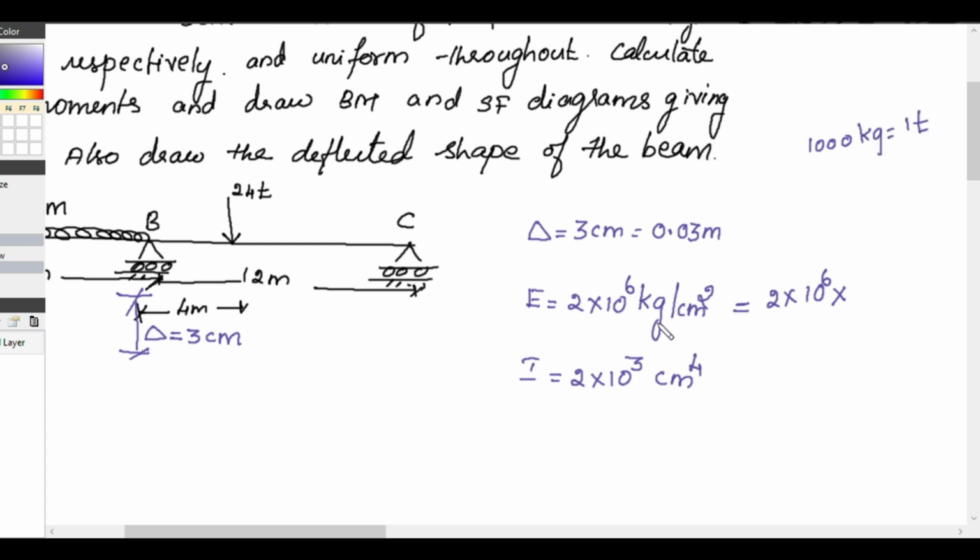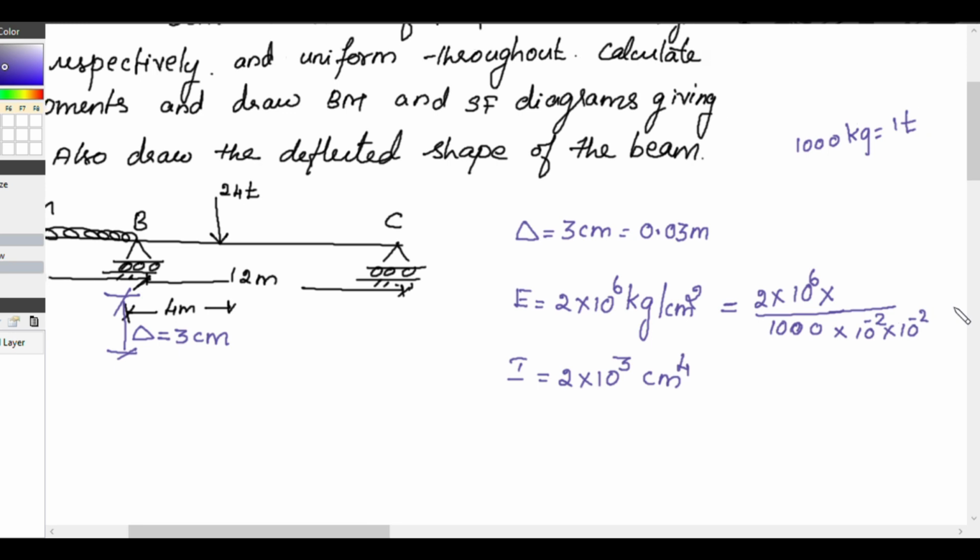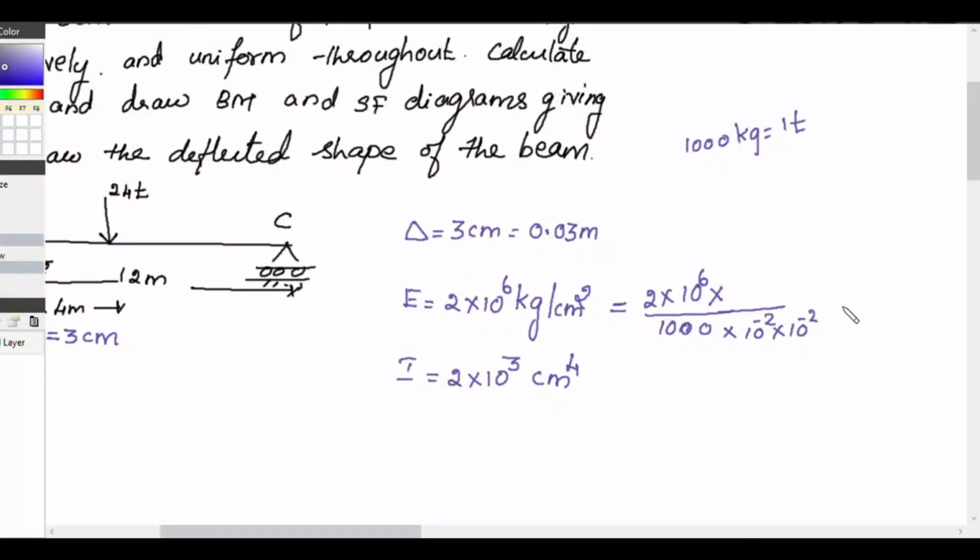Therefore, converting kilogram to tons, we have to divide this by 1000. Multiplied by, for converting centimeter square to meter square, it is 10 raised to minus 2 multiplied by 10 raised to minus 2. So we get this is equal to 2 into 10 to the power of 7 tons per meter square.